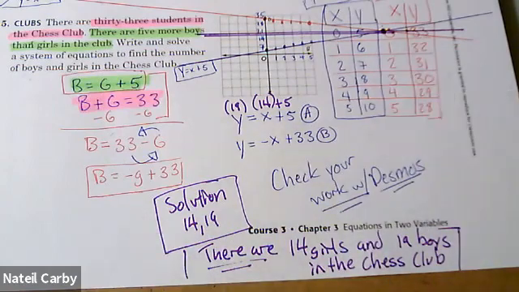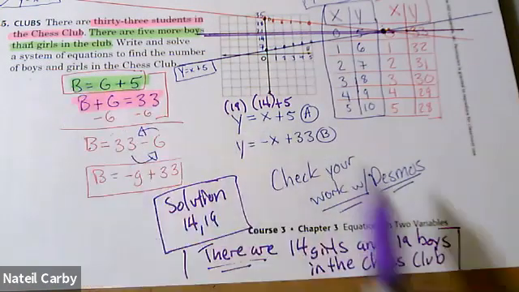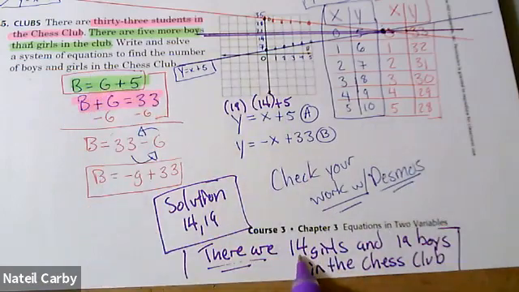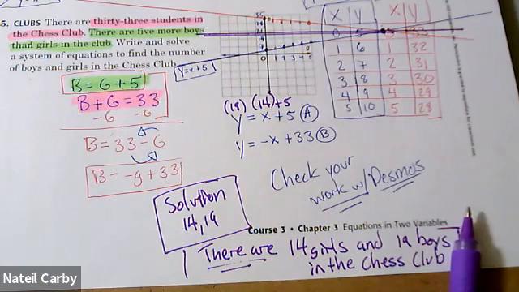The problem is about the chess club and trying to figure out the number of boys and girls in there. So my boys, 19, girls, 14. Okay. So this should be more than enough review for your homework. Holla at me if you have any questions.